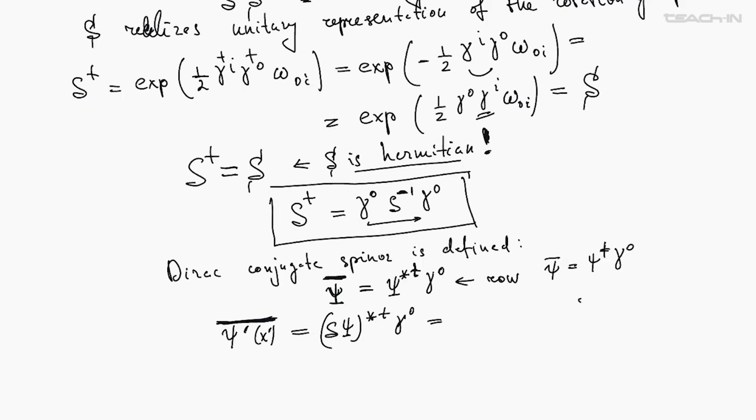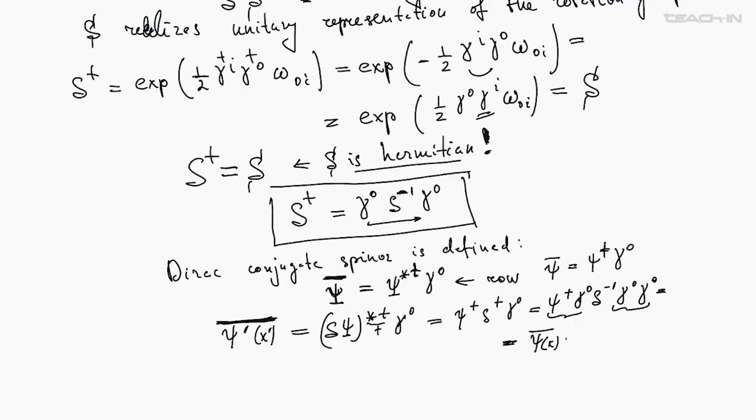And as S dagger is given by this formula here, I get psi dagger gamma 0 S minus 1 gamma 0. Multiply with gamma 0, but gamma 0 squared is 1. And so here is psi bar again. So this is psi bar on x multiplied with S minus 1.